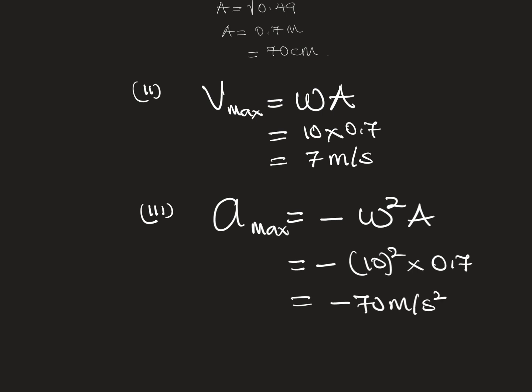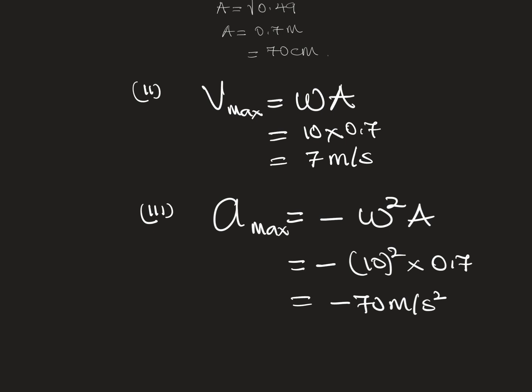The negative sign is only there to indicate that acceleration and displacement are in opposite directions. Acceleration is maximum at the amplitude.